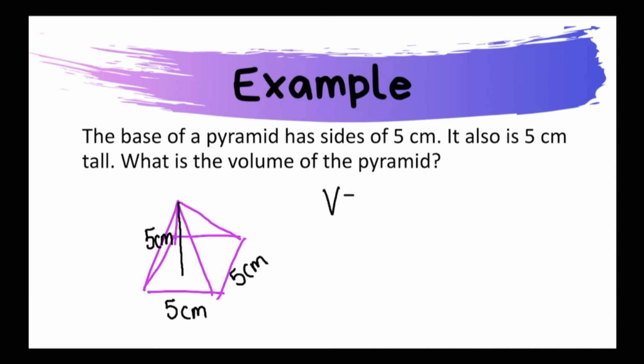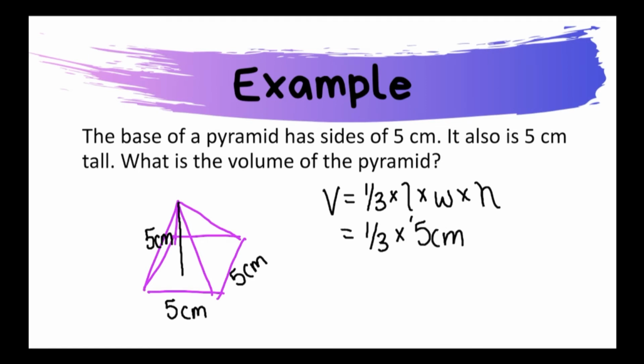Looking back at our formula, we have volume equals 1/3 times length times width times height. Plugging in our values, we have 1/3 times 5 centimeters cubed, which is just equal to 1/3 times 125 centimeters cubed.